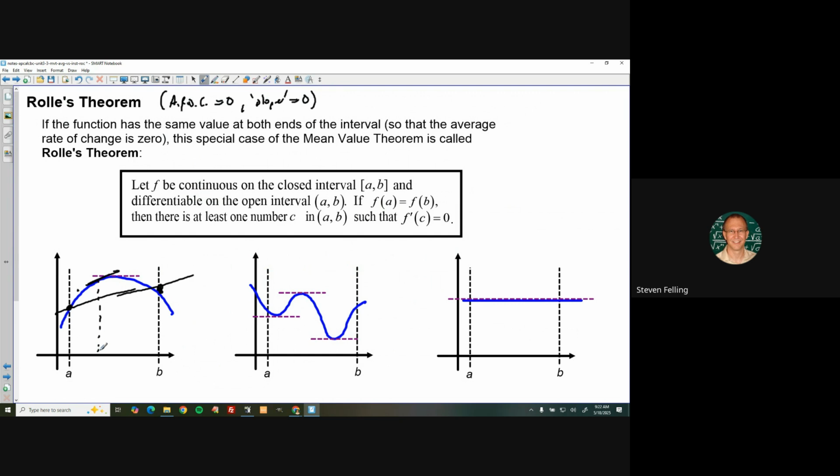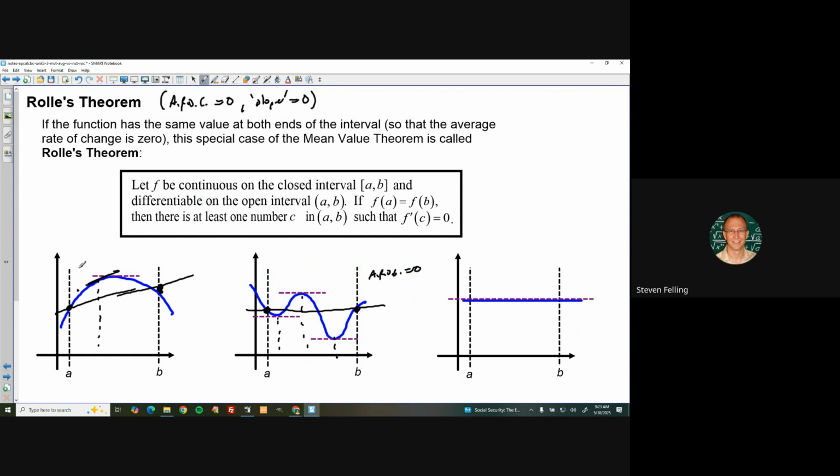But if you happen to have that the slope is the same, so let's say your y's at the two ends of the interval are exactly the same, that means that the target slope, the average rate of change, is just equal to a slope of 0. So yeah, there might be one or more places where the slope is 0.